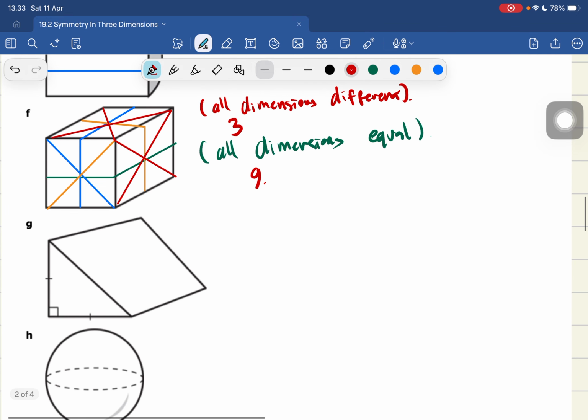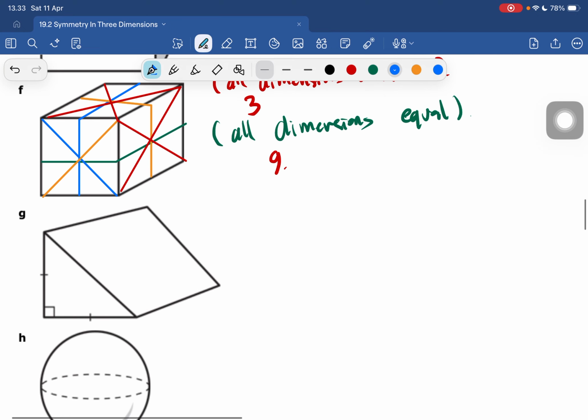Okay, G. First of all we can cut it from here. Okay, let me redraw it. If we cut it, the plane is going to be like this, a triangle in the middle. Next for B, we can cut it equally like this.